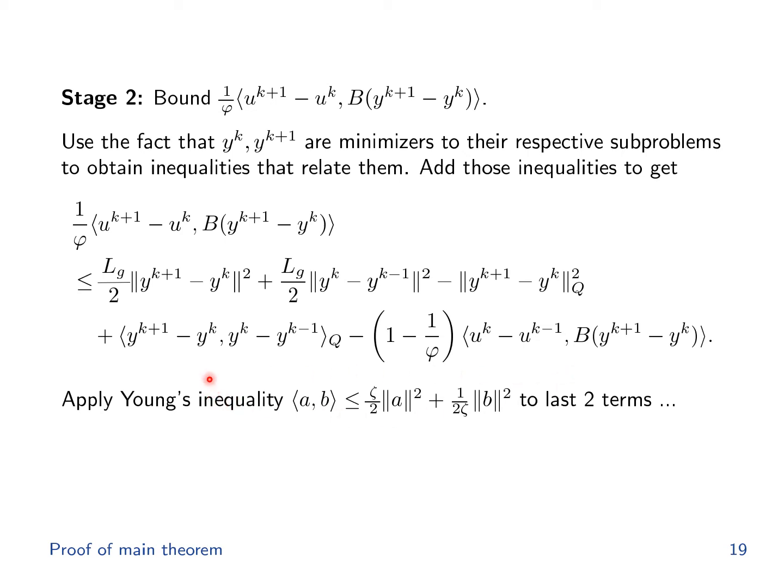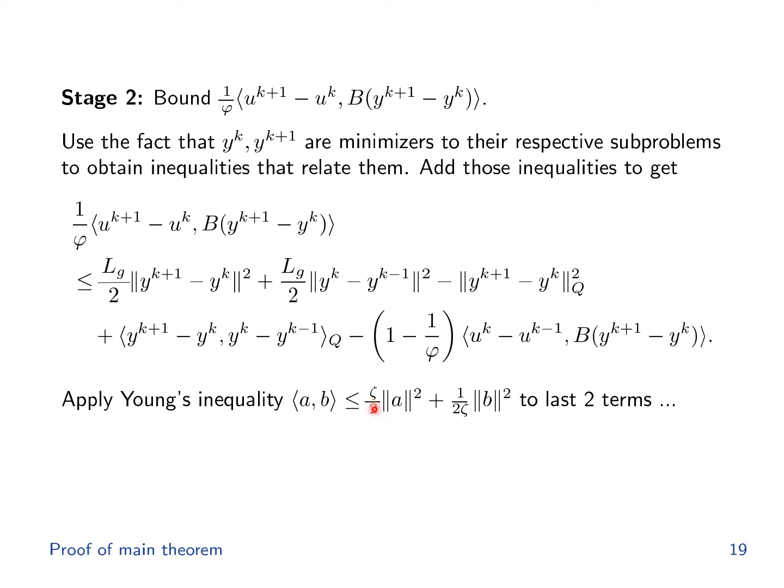At this point, we simply apply Young's inequality to relax these inner products. Young's inequality states that the inner product of 2 vectors A and B can be bounded by their individual norms with proper weights. Here, these weights involve a scalar zeta that is any positive number.